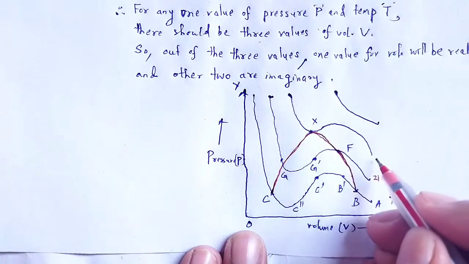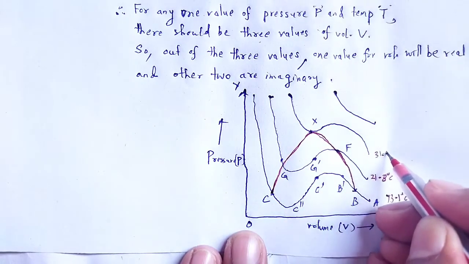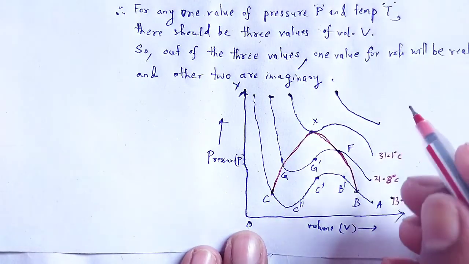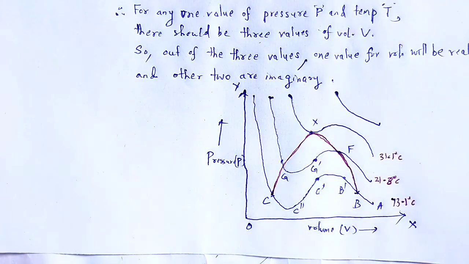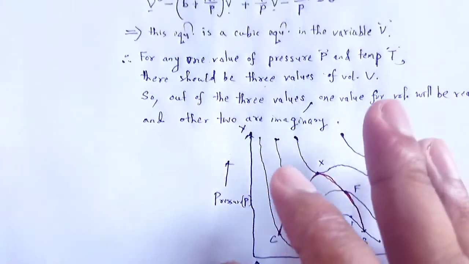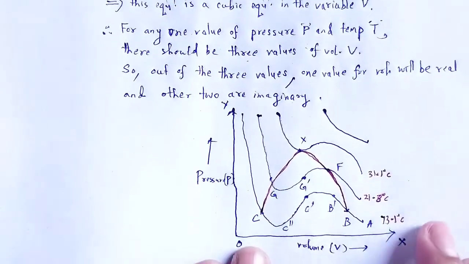Here we get the critical point as 31.1 degree Celsius. These are the curves as we find out from experiment.